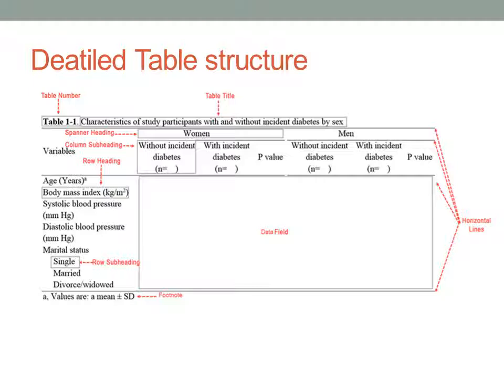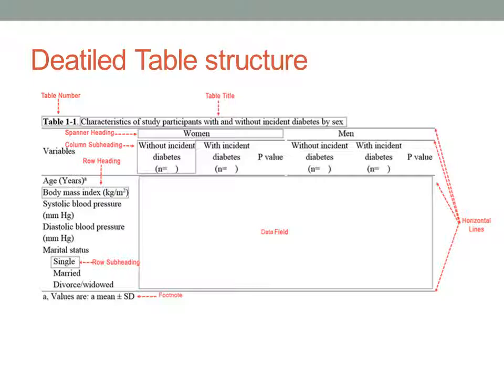Then you have row headings like age, body mass index, systolic blood pressure, diastolic blood pressure, and also marital status, whether single, married, or divorced.